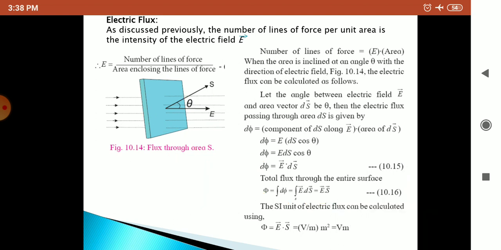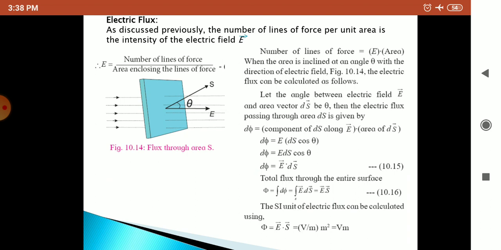Then the SI unit of electric flux can be calculated using this. Phi is equal to E into S. The unit of electric field is volt per meter, and the unit of area S is meter square.